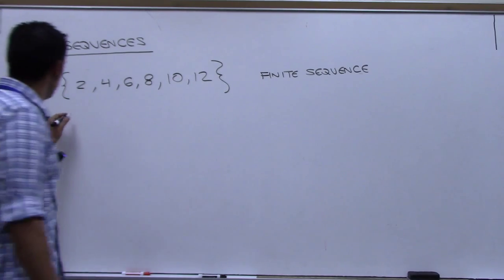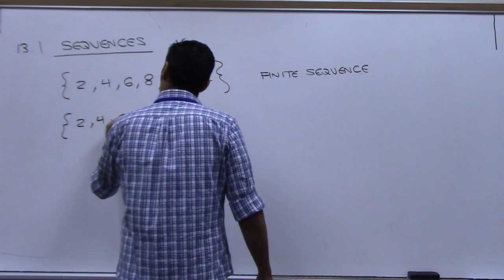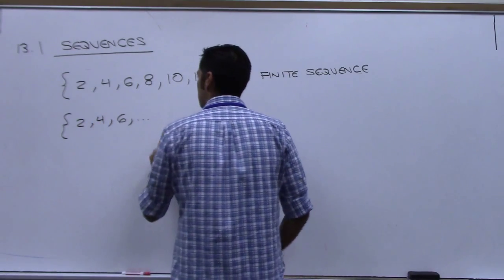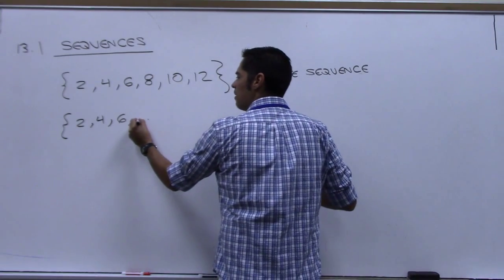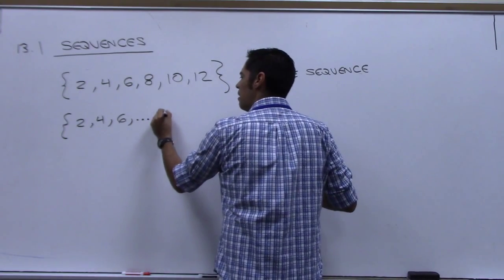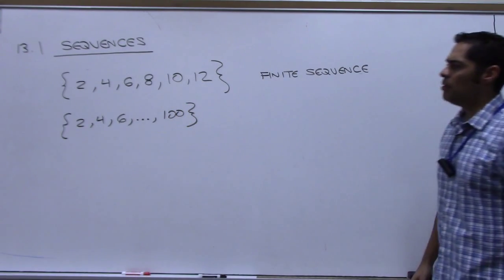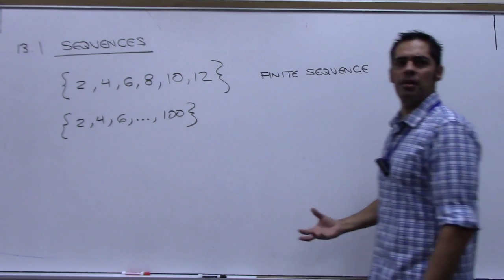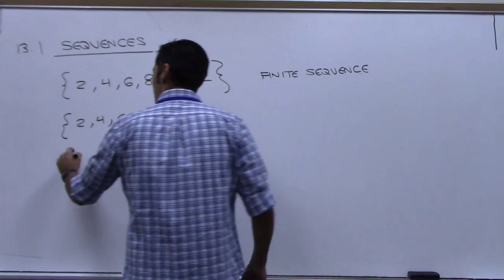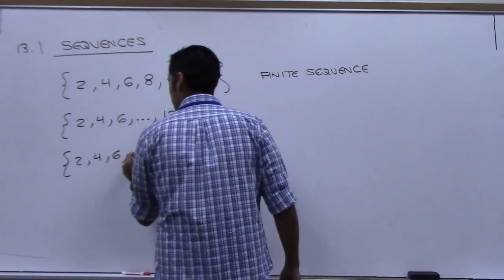Now I could have done a different sequence like this, but stopped at 100. So I would put dot, dot, dot, and then comma 100. That would still be a finite sequence, wouldn't it? It would have a finite number of numbers in it. But I could also do a sequence where I don't stop.